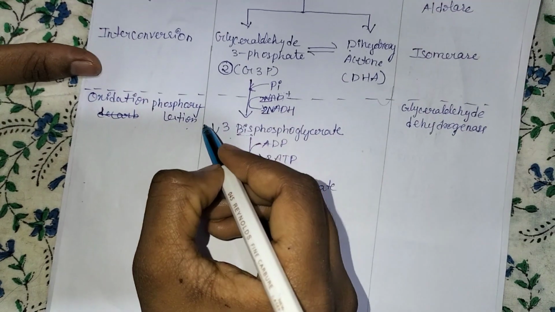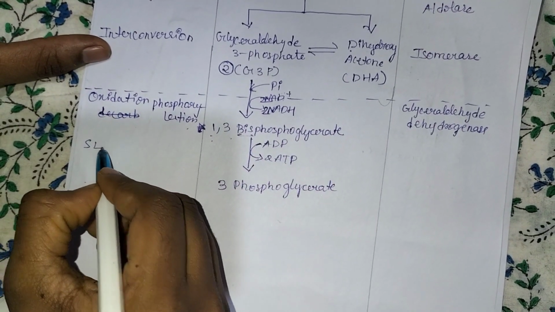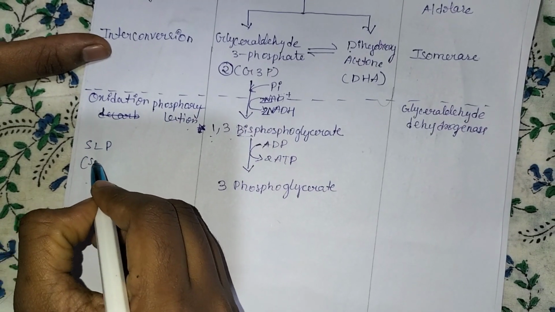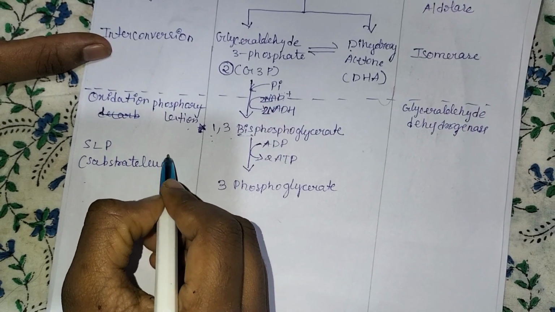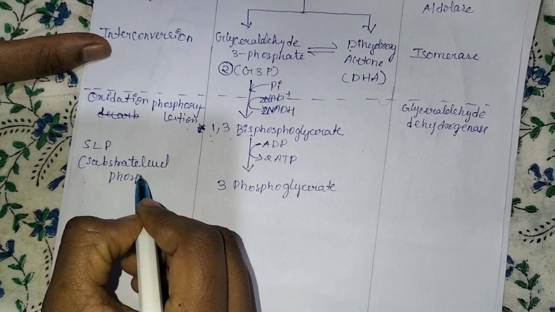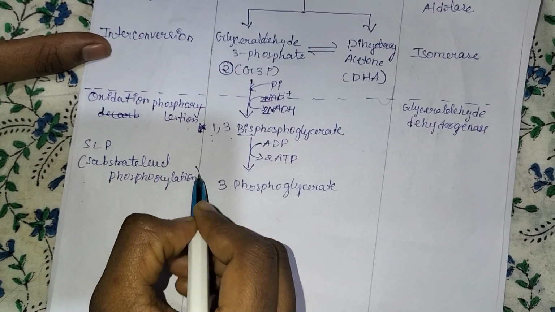So this is a very important step. Remember, this is called substrate level phosphorylation, that is SLP. Why do we call this substrate level phosphorylation? Because there is a production of ATP.